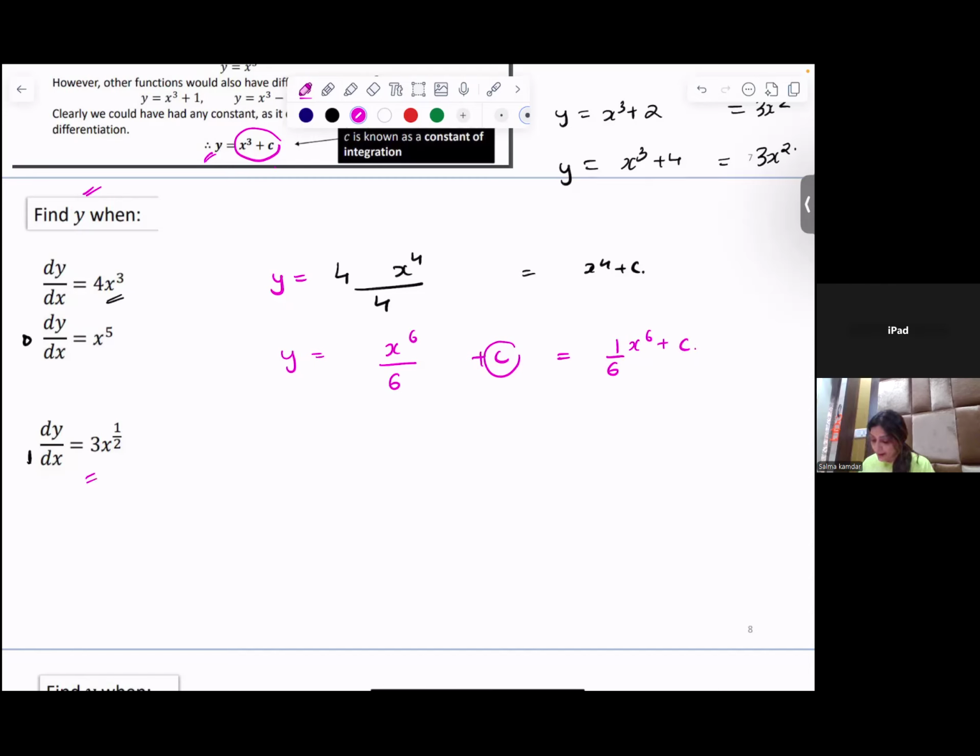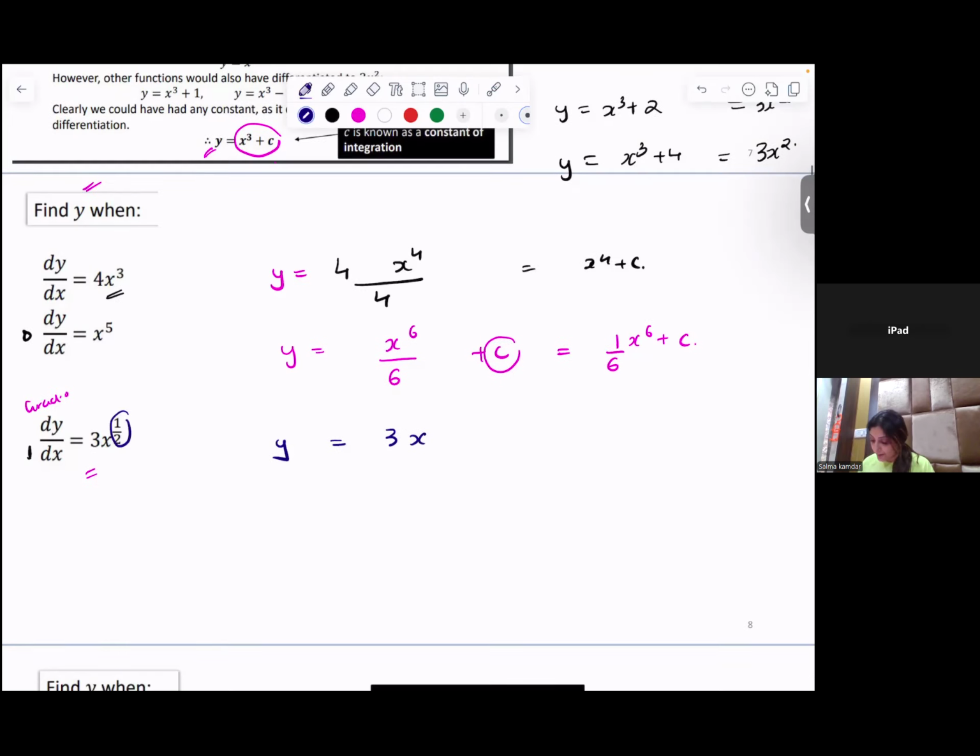Again over here, I have the gradient and I want to go to the function. I will add 1 to the power. So this 1 by 2 would become 3 by 2. I would divide by the new power, plus c.